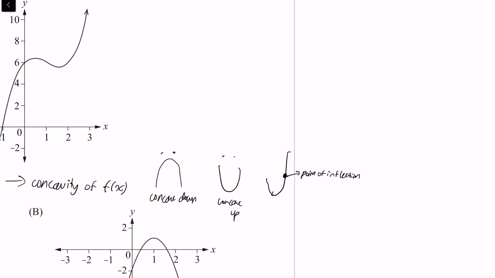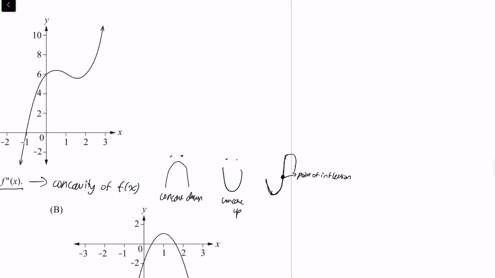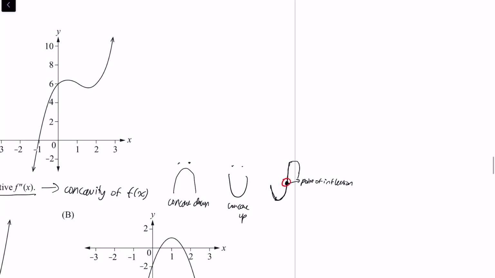So we might have a graph that was concave up, and then up to this point the concavity is 0 because it changes to a negative concavity, going concave down past this point in red right here.